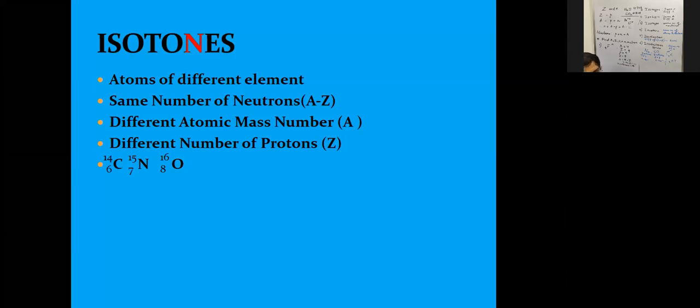Can you find the number of neutrons in this, everyone? How many number of neutrons? Can I say there are 8 neutrons? Sanika Desai, 8 neutrons.